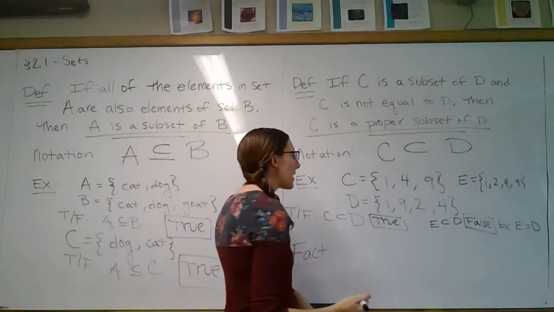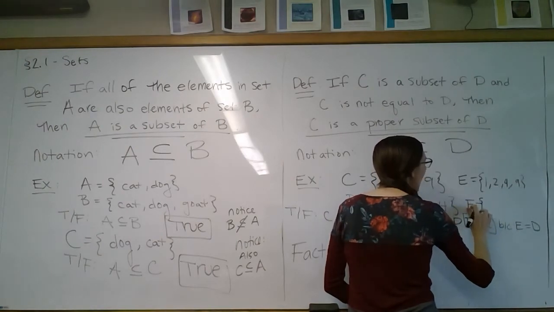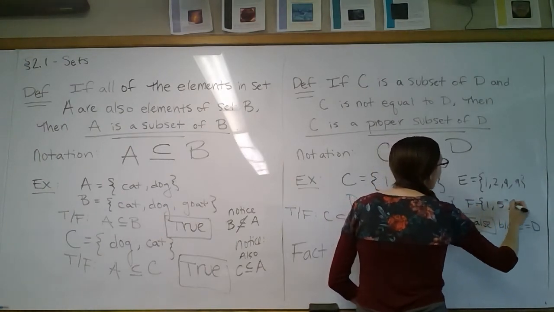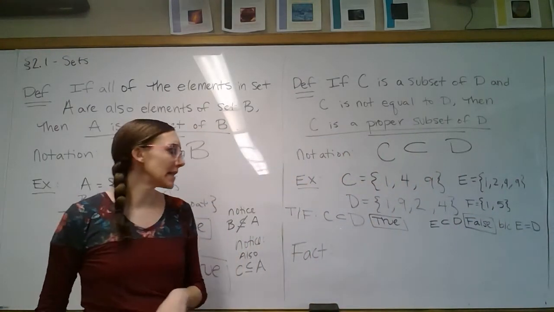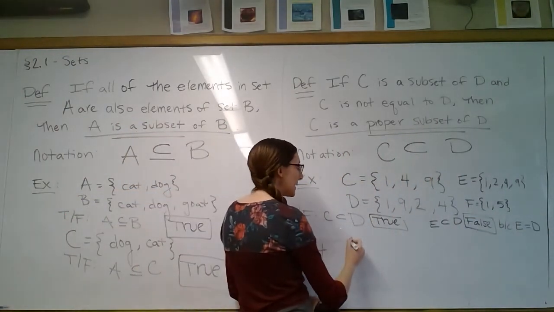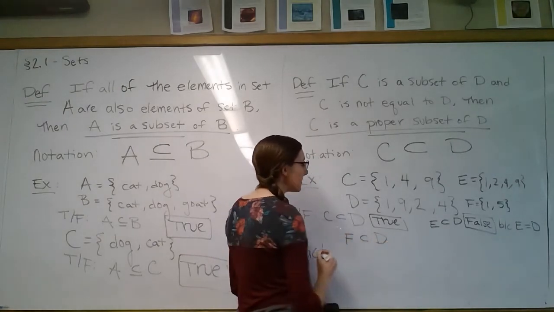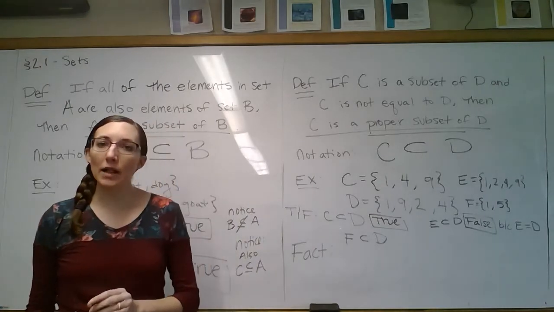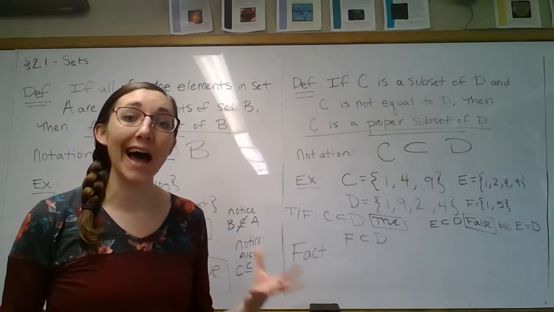Let's add one more. Let's say that F is the set containing 1 and 5. And let's ask true or false, is F a proper subset of D? Well, let's check first, is it a subset? Notice they're not equal.